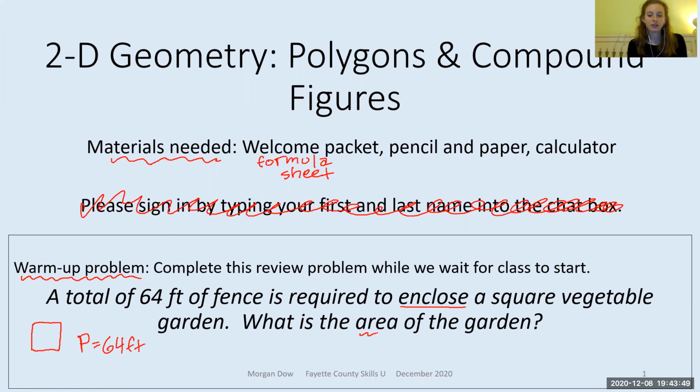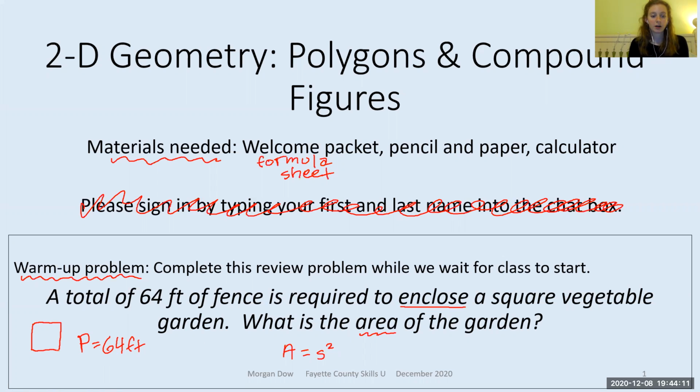And we're asked to calculate the area. So this is a square, and we want to calculate the area. I'm going to check my formula sheet, and I see that the formula for area of a square is the side length squared. So we need to know the length of the side, the length of all four sides of this square. So how do we do that?